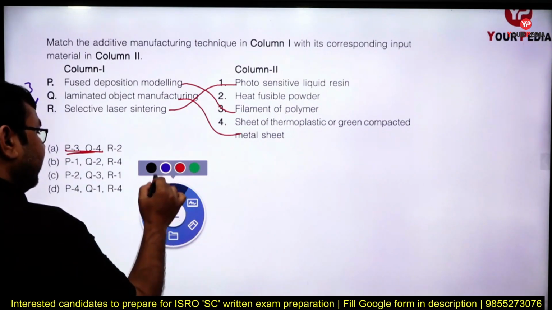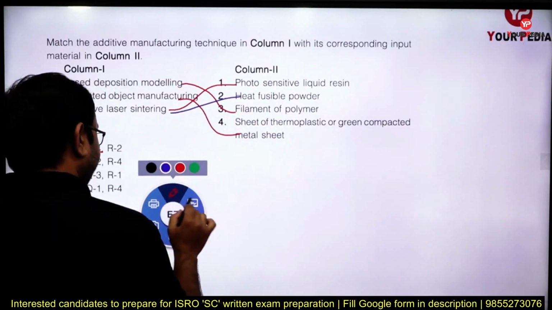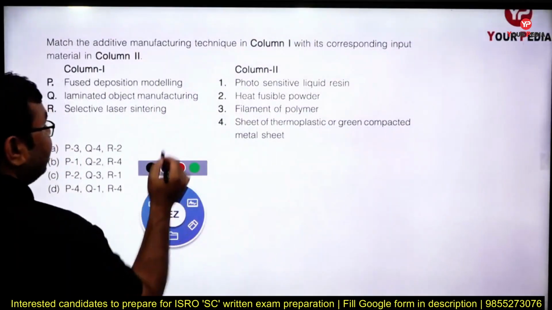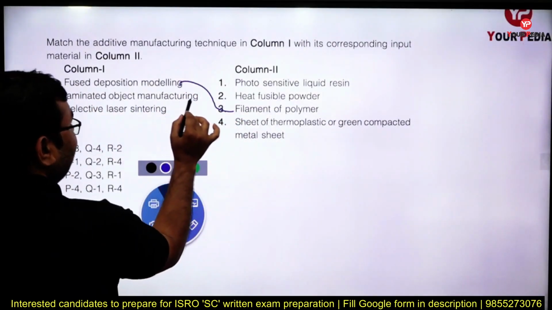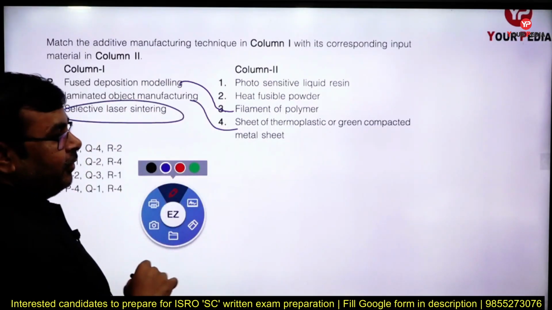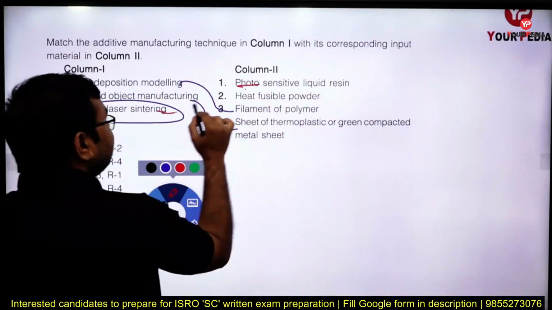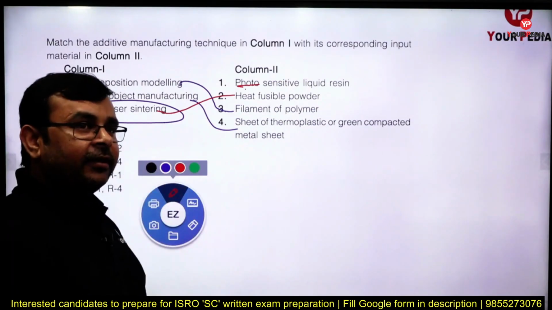Okay, I made a mistake, let me correct it. You can see FDM uses filament of polymer, laminated object uses sheet, and this is selective laser sintering, not stereolithography. In stereolithography we use photosensitive liquid resin, in selective laser sintering we use heat fusion powder. So, the correct answer is option A, correct?